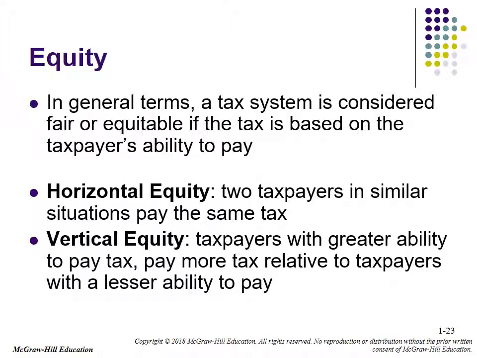And we have a lot of argument in our country over that. So, those are the items that are needed in order to have a good tax system, for lack of a better word, and how you can evaluate the system as to being fair.